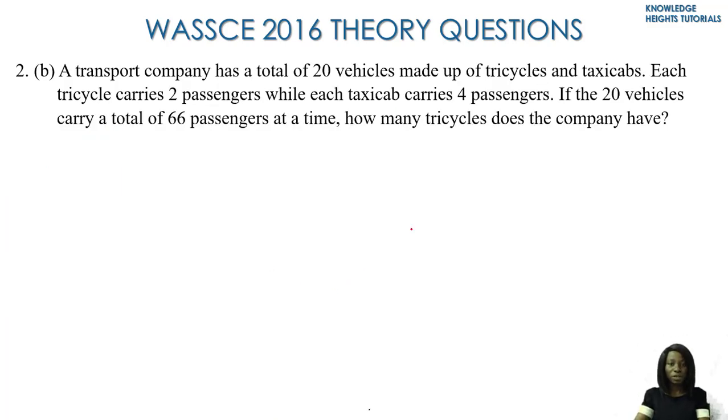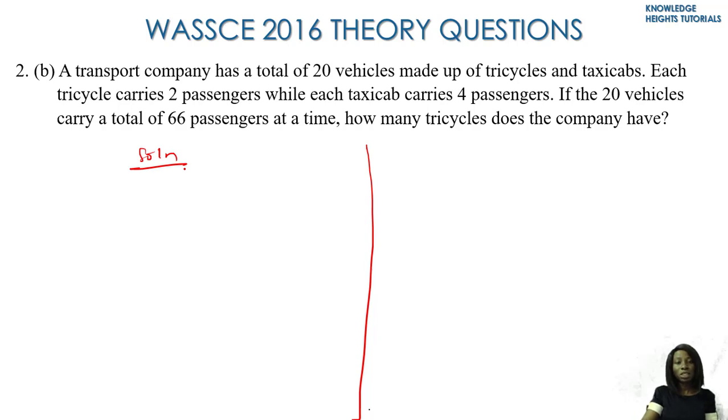The B part of the question. A transport company has a total of 20 vehicles made up of tricycles and taxi cabs. So first and foremost, let's represent the tricycles and taxi cabs by variables.